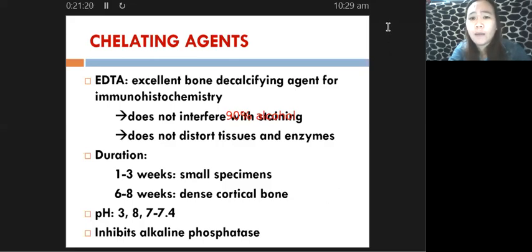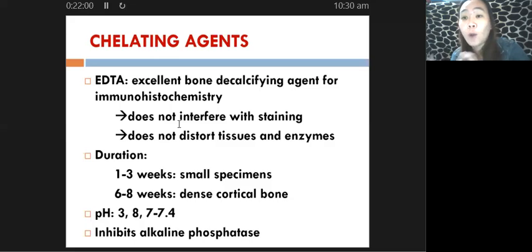By the way, I will not be requiring you to know the meaning of EDTA because I know that you already know it. We all know how chelating agents work. They sequester your calcium ions, or your cations, by forming complexes with your cations, specifically in this case, your calcium ions.